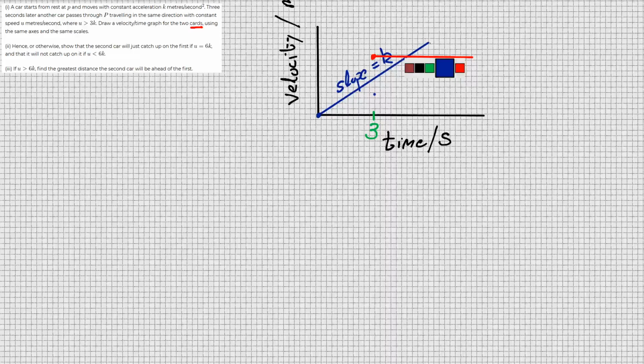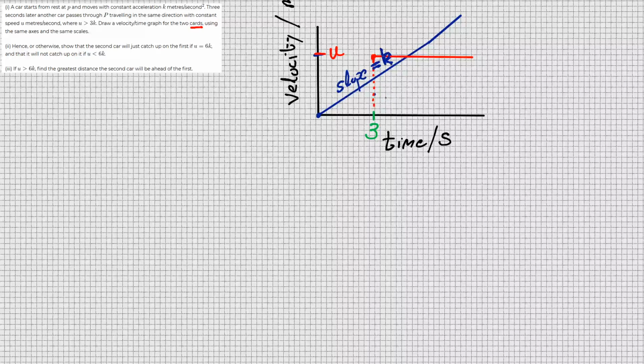It goes across like that. It should be straight there. And this here is u. So is k. That's all the info on it.